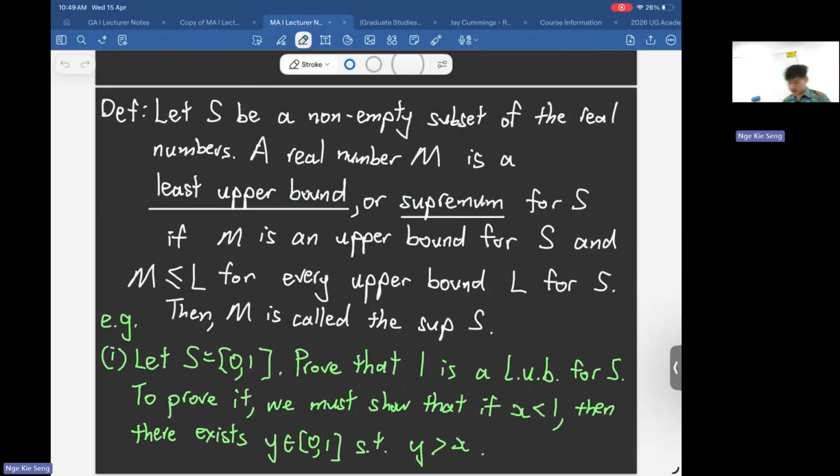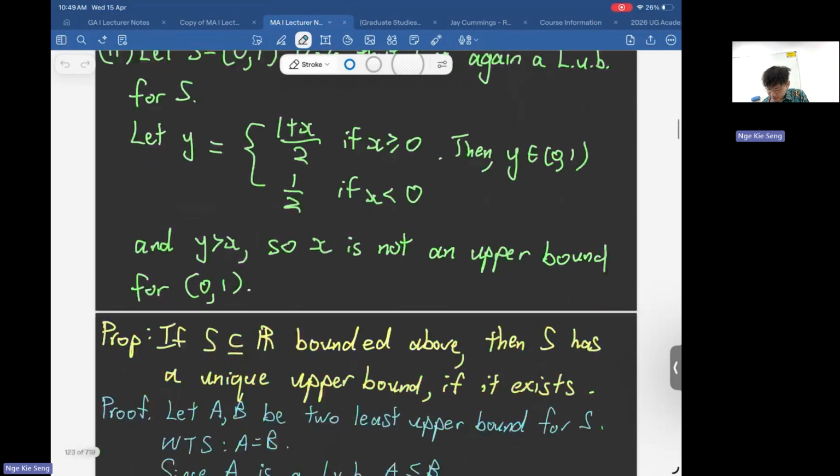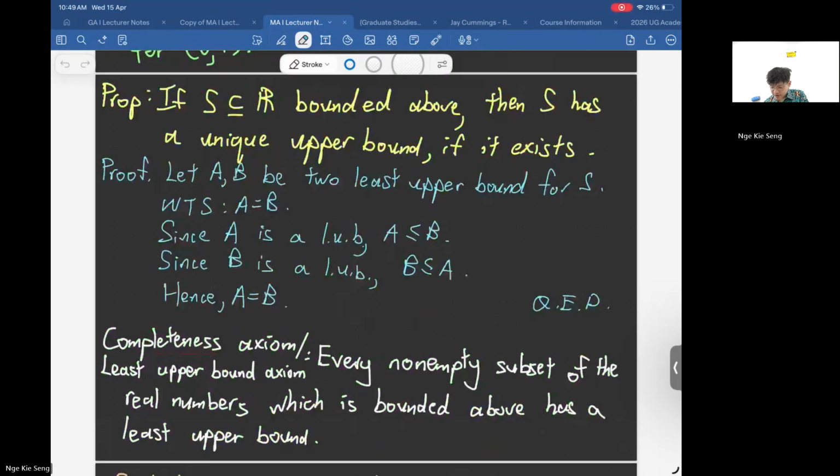So what is the slogan here? Let me see. Cauchy? Yeah, it will come soon after I introduce sequences. No worries. So this is the germ of this course, the completeness axiom. Every non-empty subset of real numbers which is bounded above must have a least upper bound.